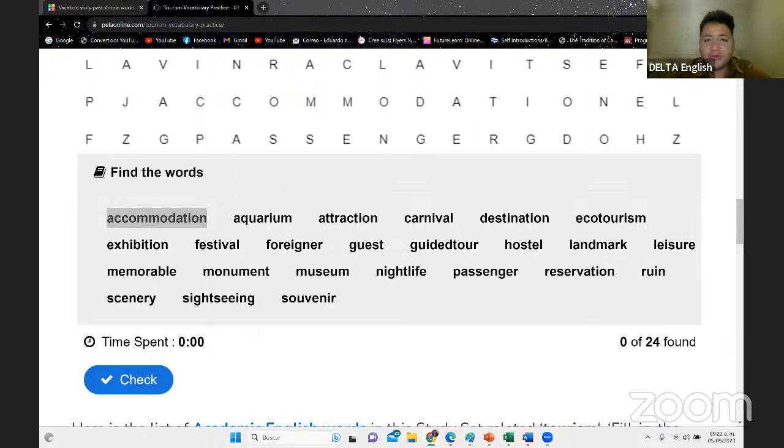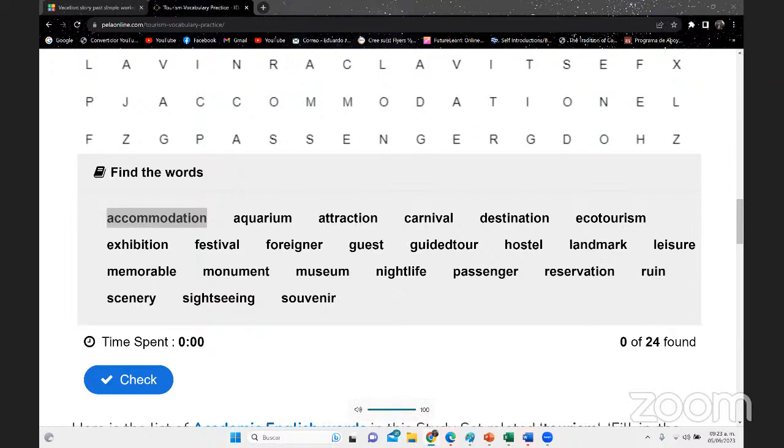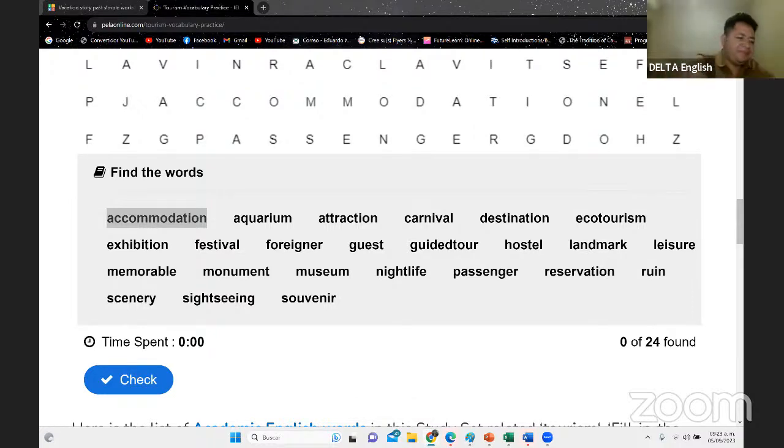Which one is your favorite when you travel? If you go on vacation, what do you prefer? Hotels, resorts, Airbnb, hostels? Airbnb. Yes, okay. Miguel, how about you? Which one do you prefer when you travel? It depends. If I go with my family, I prefer all-inclusive hotel.